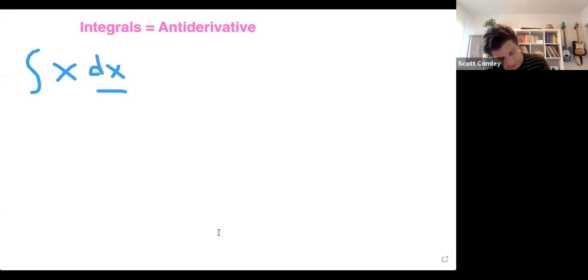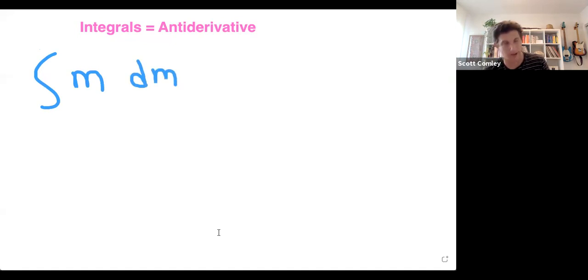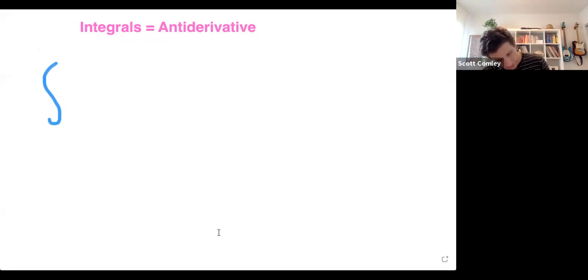So an integral symbol is this, and it always ends with d, with respect to whatever variable we're talking about. Let's just say it was the integral of m. That's the same, just a different letter. It would be with respect to m, like taking the integral over m. So let's do x because it's easier to get used to.